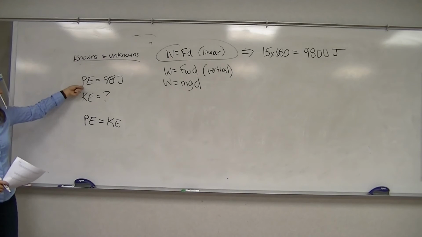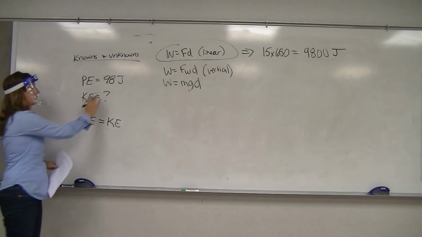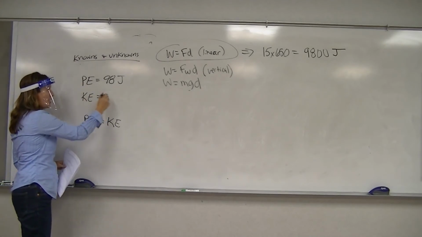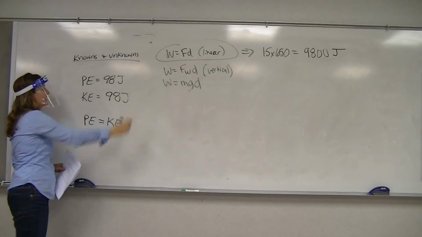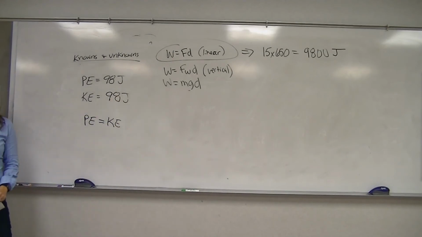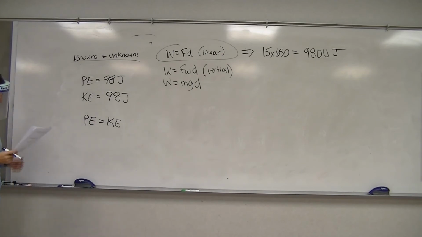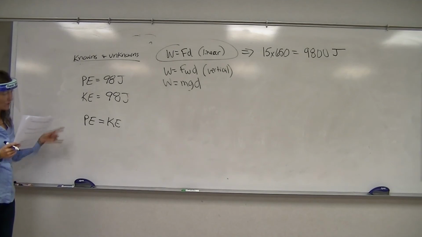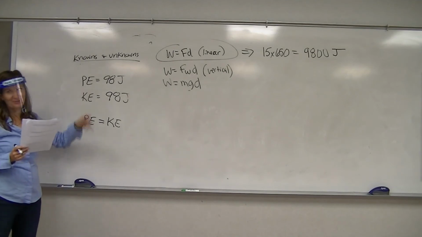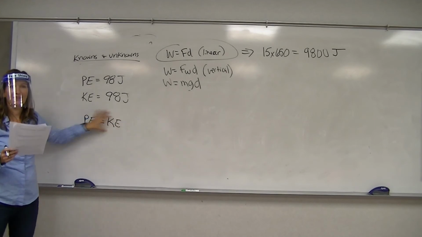So if I have 98 joules of potential, if I'm talking about the same object, I have 98 joules of kinetic. They're the same. So no calculation needed. And I know I asked about that on the exam, so if I'm talking about the same object, don't do any calculations. Apply this rule.